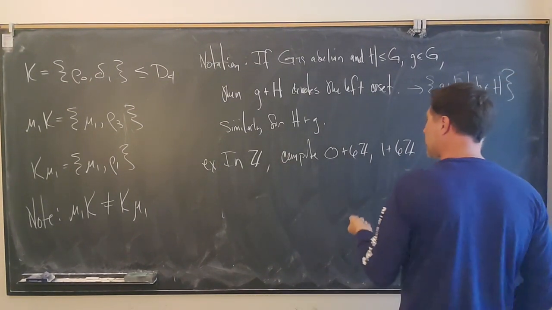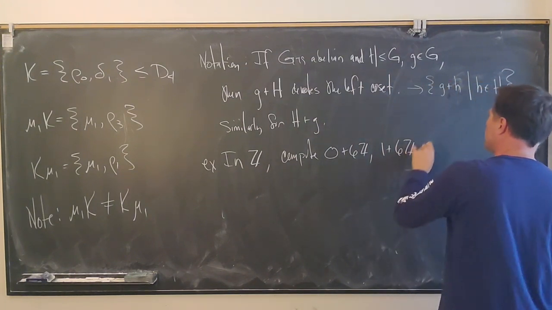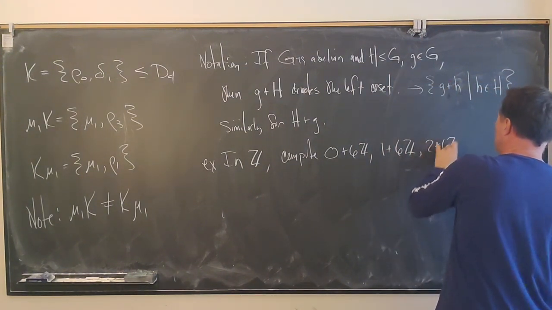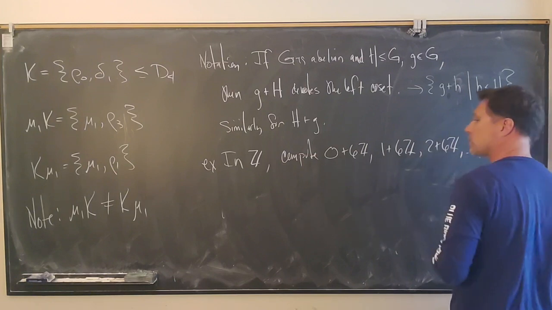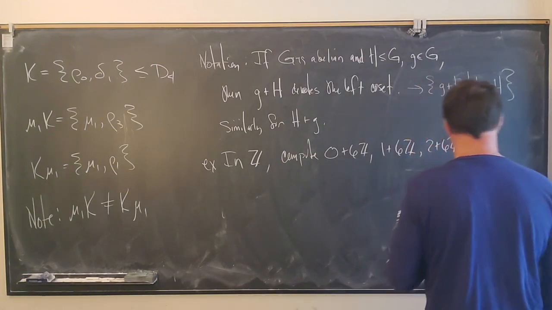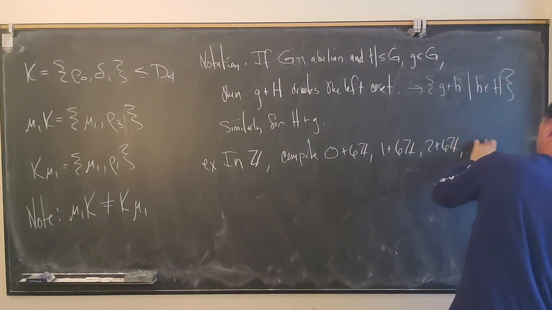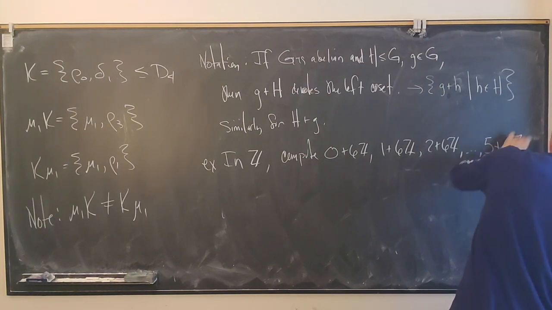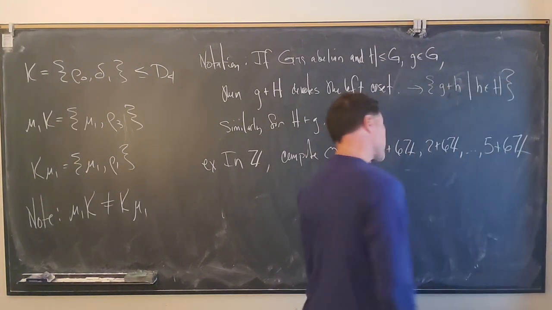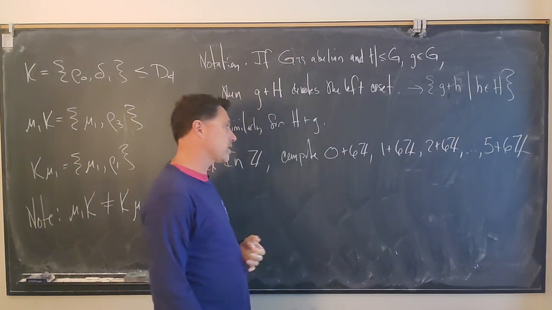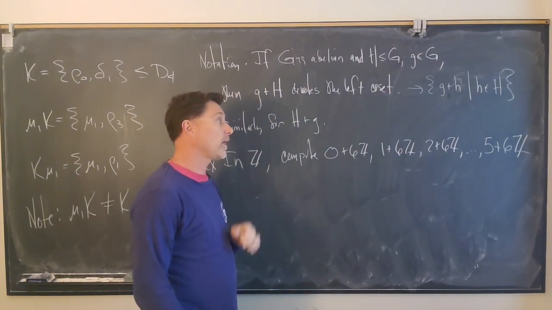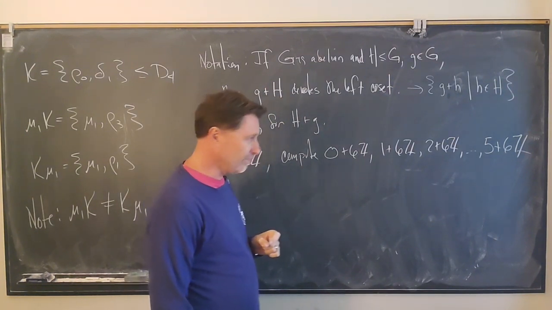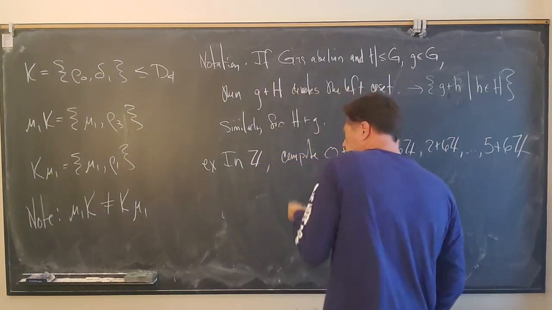So my cosets here: 0 plus 6Z, 1 plus 6Z, 2 plus 6Z. I'd like to write them all out. I kind of gave away the answer here: it turns out that there are exactly 6 cosets, 0 plus 6Z, 1 plus 6Z, all the way down to 5 plus 6Z. When I say compute, I just want to write them out.